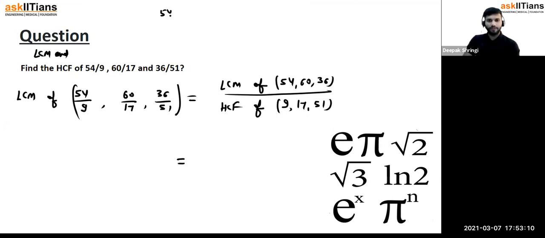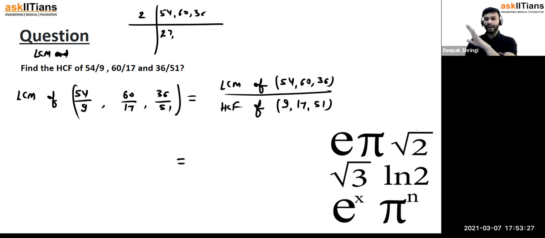Look at this. 54, 60, and 36, right? First of all, it is divisible by which number? You can find the highest number. 6? Do it with 2, then with 3. Yes, it's the same thing. First of all, do it with 2. You get 27, 30, 18, right? Then you will do again by 3. You'll get 9, 10, and 6.